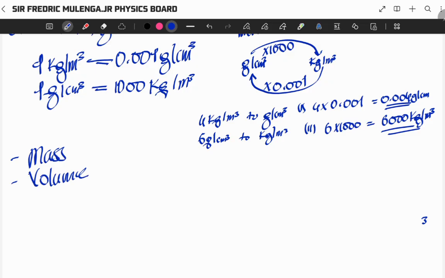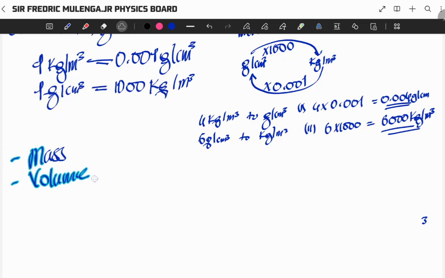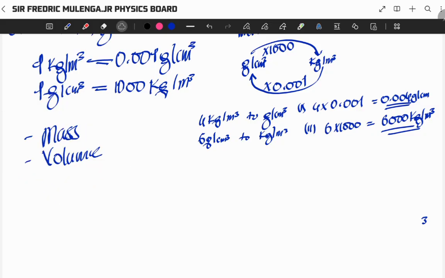So in class we learned how we can find these things because I was preparing for you to come and handle these problems. So I'll just go straight away to how to find density. Let's start with the density of regular solids.